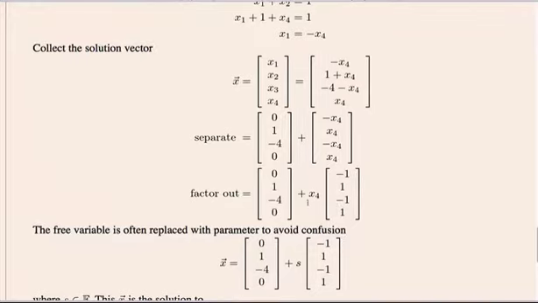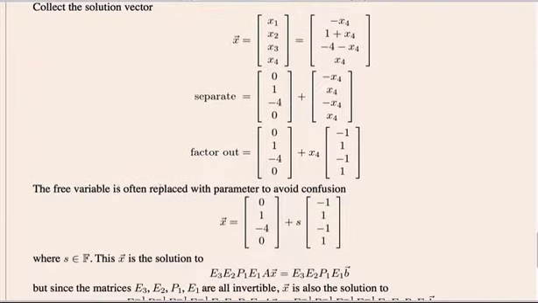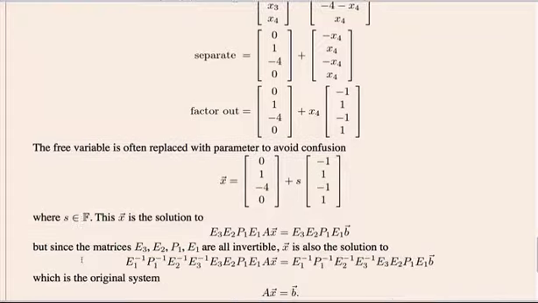Then we factor out the x4 to get minus 1, 1, minus 1, 1. And then it's customary to replace the free variable with a parameter s in order to avoid confusion. So the x solution is the 0, 1, minus 4, 0 vector plus s times the vector minus 1, 1, minus 1, 1, where s is an arbitrary scalar.